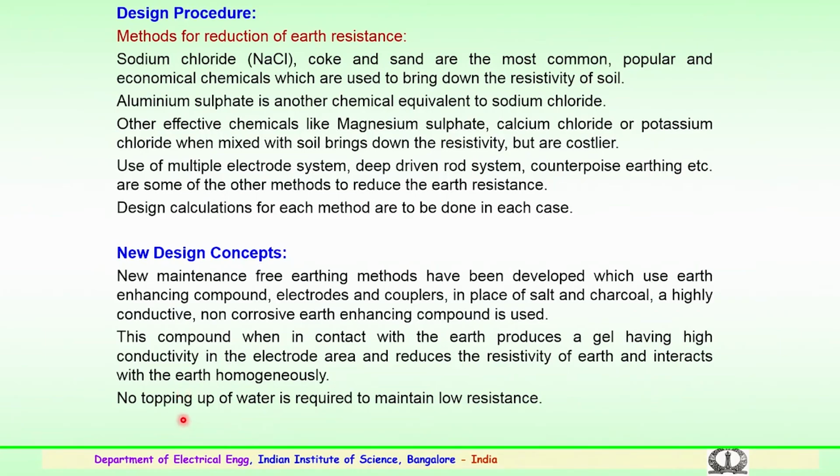Here an important point: no topping up of water is required to maintain low resistance, unlike earlier methods where regular watering of the ground electrodes or ground rods was required.